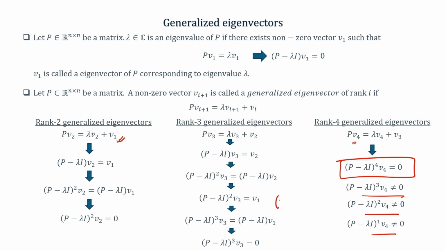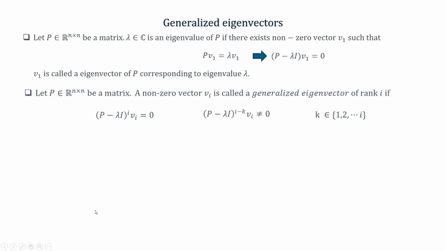Here (P minus lambda I) whole cube V3 was 0, but it did not satisfy these 2 equations. Similarly, in this case (P minus lambda I) whole square V2 equal to 0, but it did not satisfy this equation.